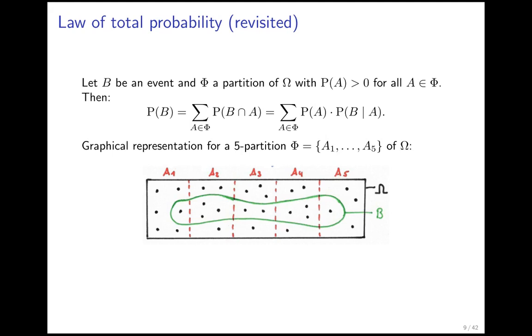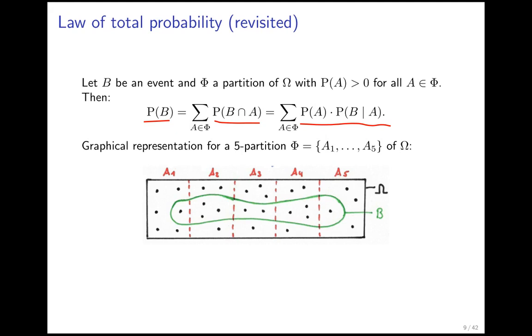And what you can do is, instead of looking at the hard probability P of B, which is hard to calculate for some reason, you can look at the individual ones. So you look at all the partitions and take the intersection. And with this one, we now know that we can decompose it in this way. So here's a graphical representation of this.